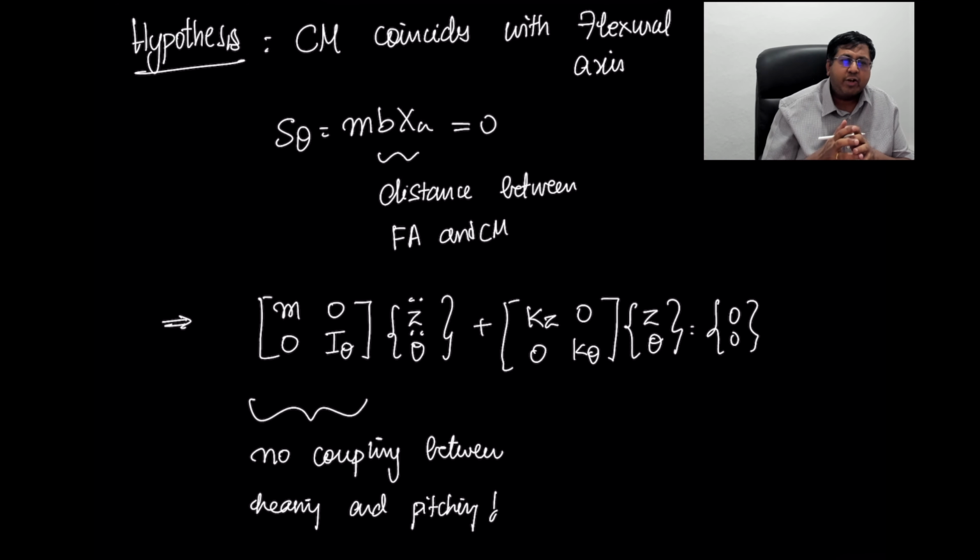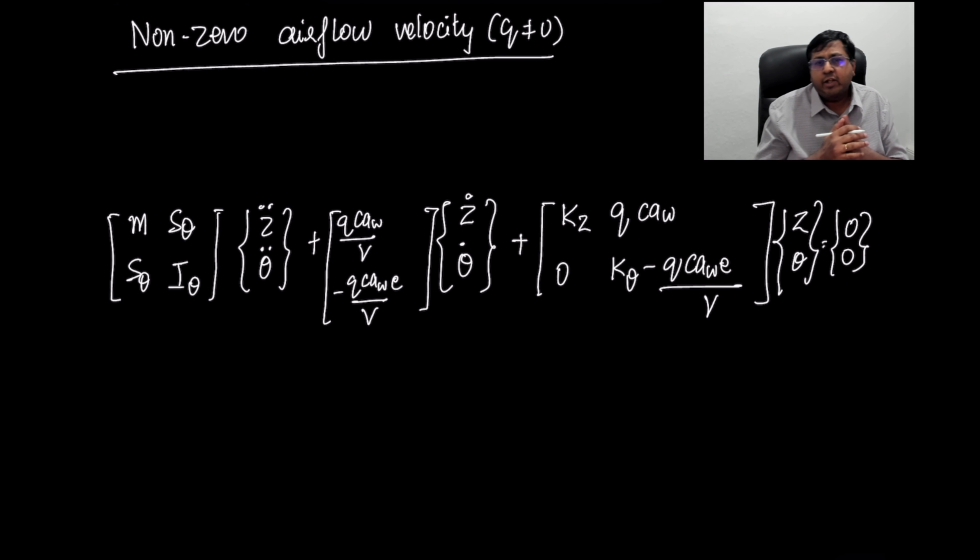So let's look at the next scenario to understand what would happen if there's a non-zero airflow velocity. How would that change anything, and how would we look at it from the equation of motion? So far we have assumed that our airflow velocity is 0, because we wanted to use a simple scenario to understand the equation of motion.